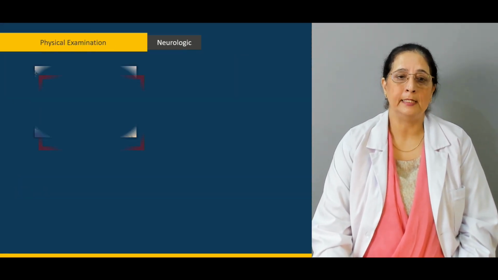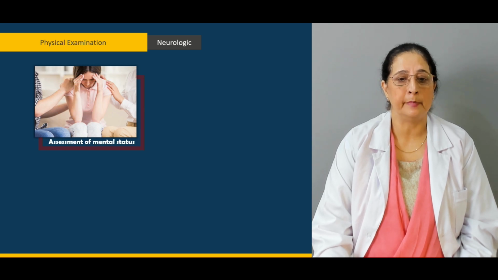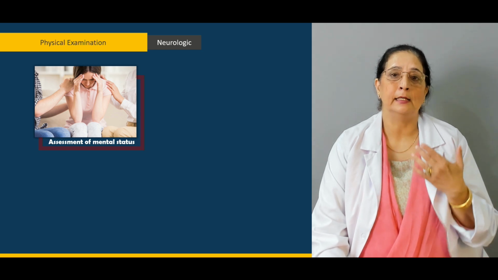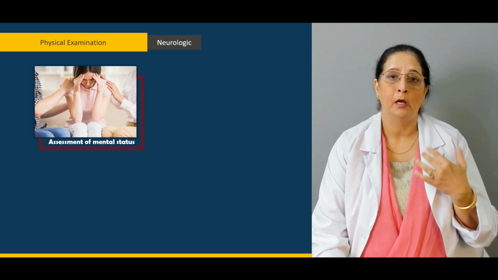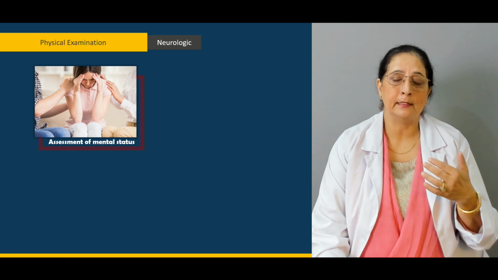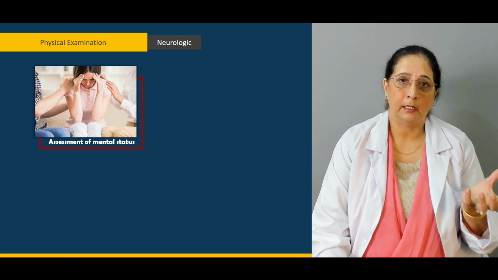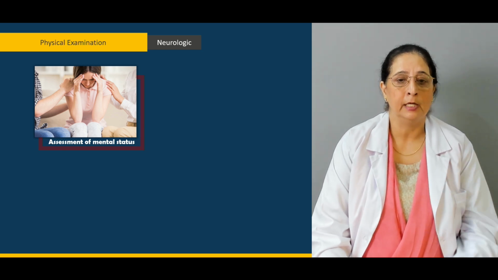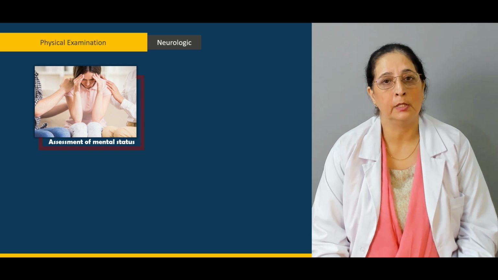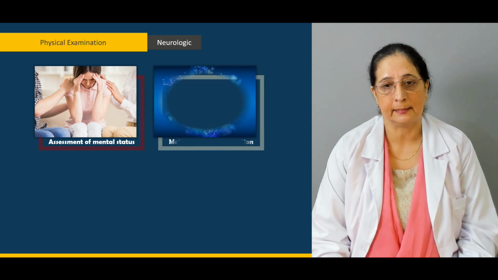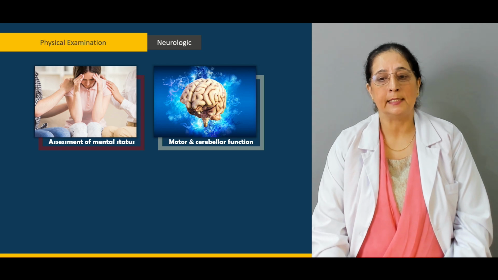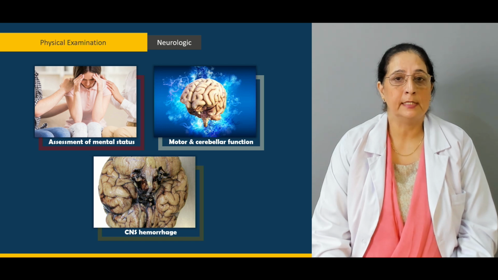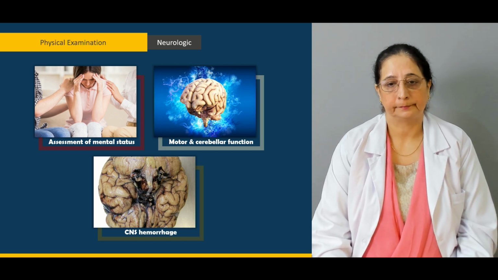Neurologic findings on the examination, assessment of mental status, especially if there is intracranial hemorrhage after the trauma or due to internal bleeding as a result of some medications or any injury, it is important to assess the mental status. Then motor and cerebellar function, central nervous system hemorrhage.